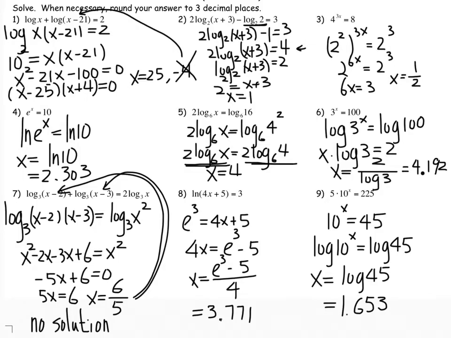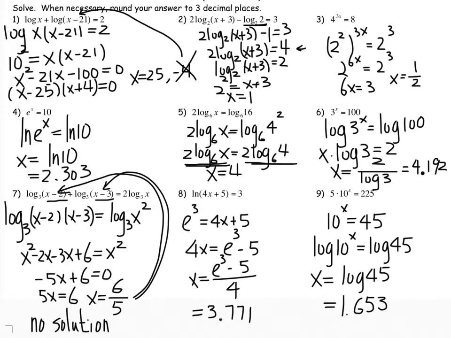Subtract both sides by x squared. I have x equals 6/5. But as you plug the numbers back into the equation, 6/5 equals 1.2. So 1.2 minus 2 is going to be a negative number, and 1.2 minus 3 is going to be a negative number. So there's no solution for this particular number 7 question.